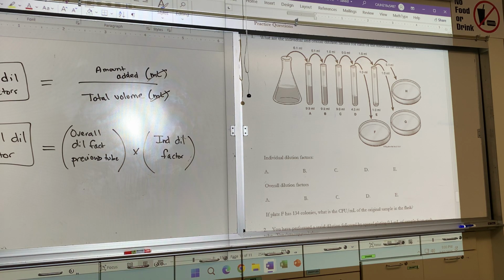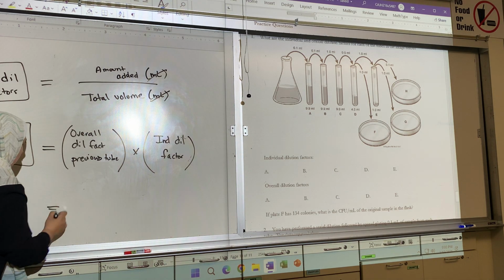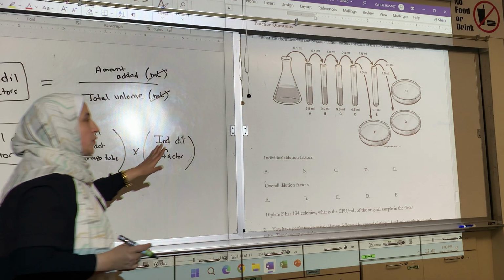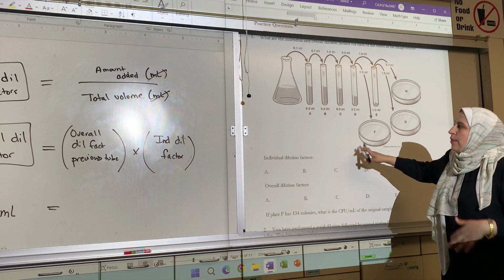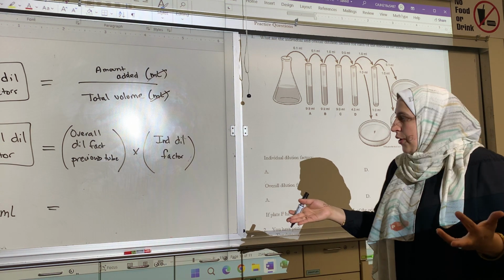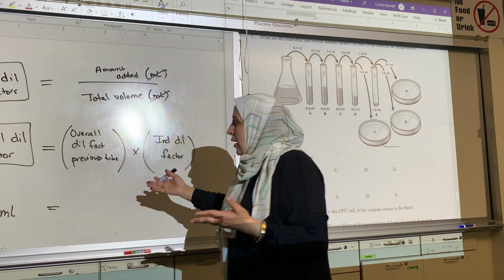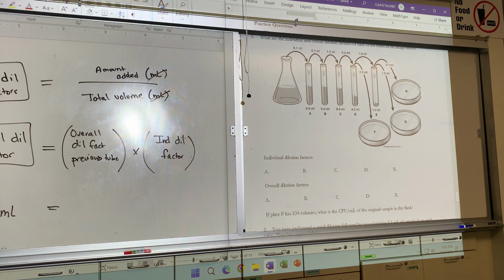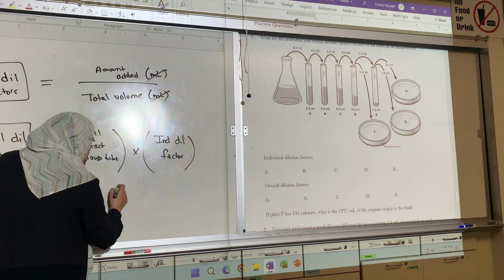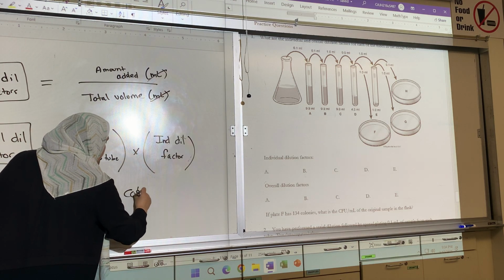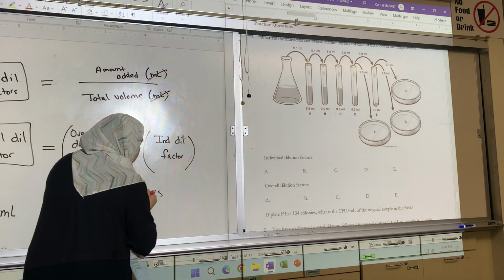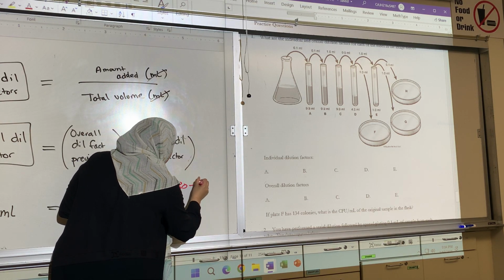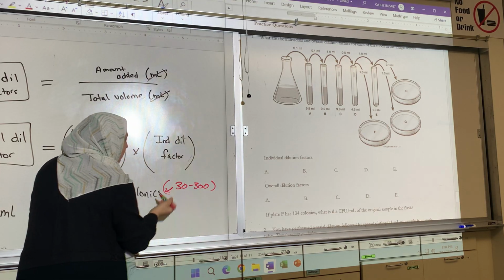Okay, and then the last equation that we need is CFU per mil. Once we've gone through the dilutions and we've plated our organisms and we've counted them and we've chosen the plate that's between 30 and 300, we can use this equation to extrapolate what the original bacterial load was in the original sample. Okay, so we get number of colonies here. And these are from the plates that have countable colonies between 30 and 300, right?